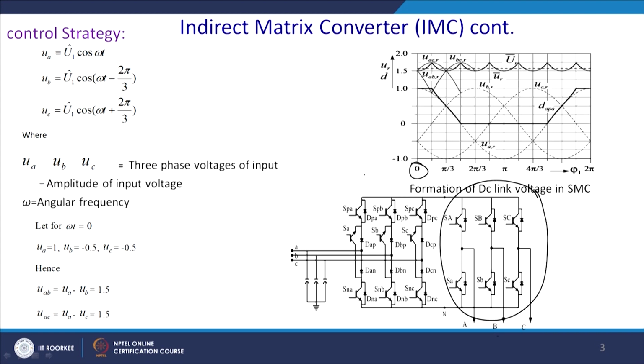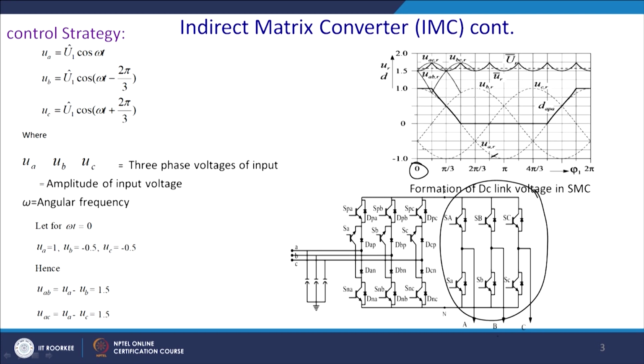At the beginning, this dotted line is essentially UA, and you will be switched in such a manner that the maximum DC comes to this fictitious DC pole voltage.